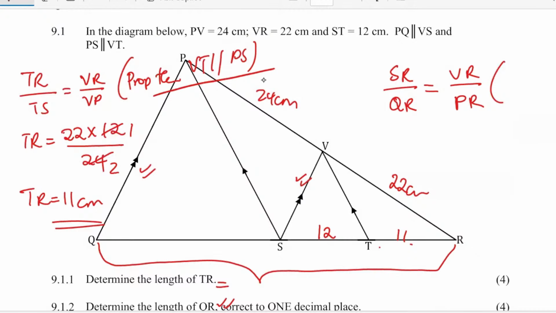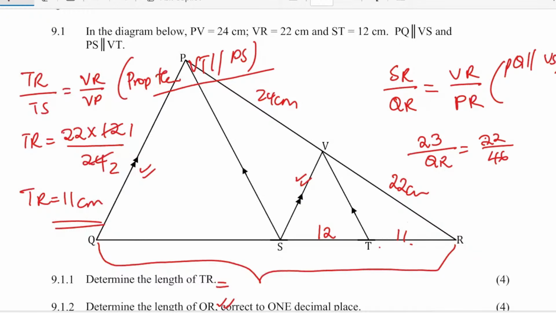Same reason, proportionality theorem, because PQ is parallel to VS. So our SR is 12 plus 11, which is 23, over QR, which I don't know. It's equivalent to VR, which is 22, over PR, which is going to be 46.